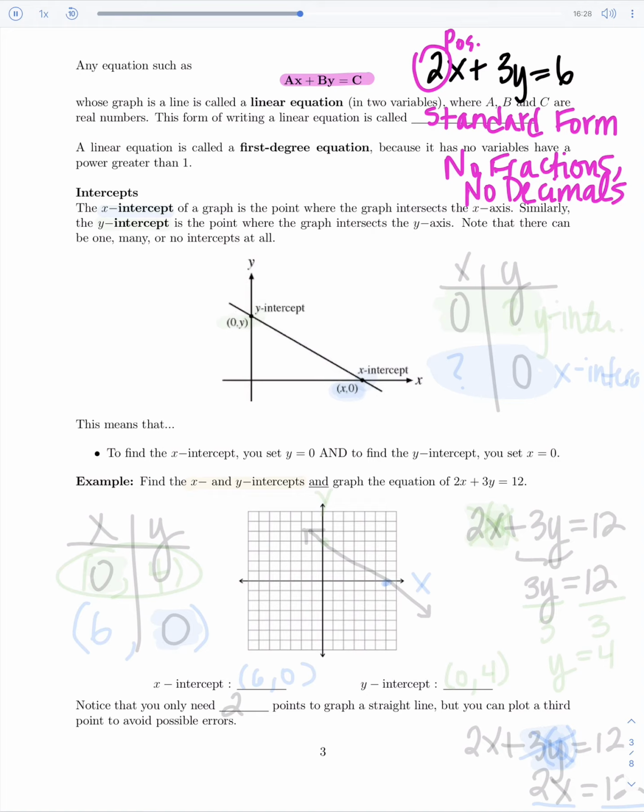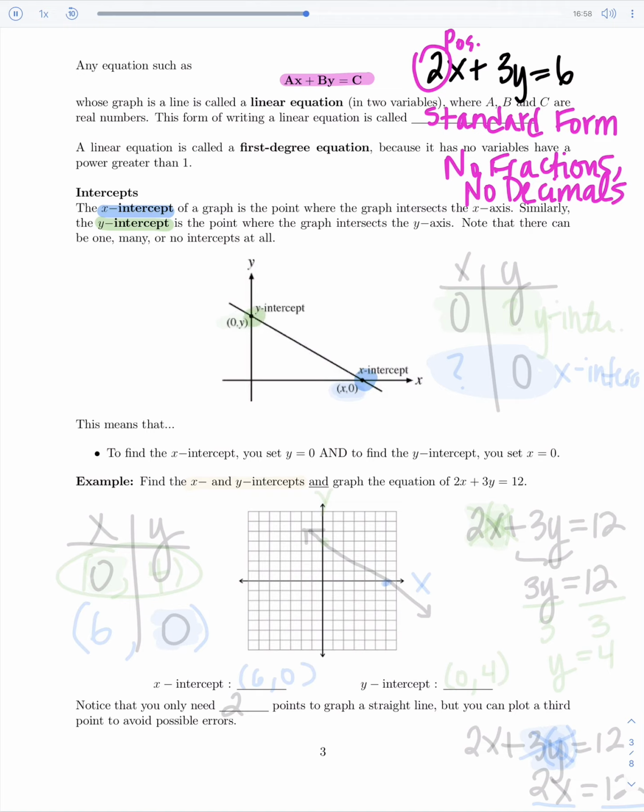Well, when we're graphing lines, we said we need 2 points. We can use any 2 points that we want. Well, if something's in standard form, the easiest 2 points to find are what are called the X-intercept and the Y-intercept. The X-intercept is the point where you actually hit the X-axis. The Y-intercept is where you actually hit the Y-axis.